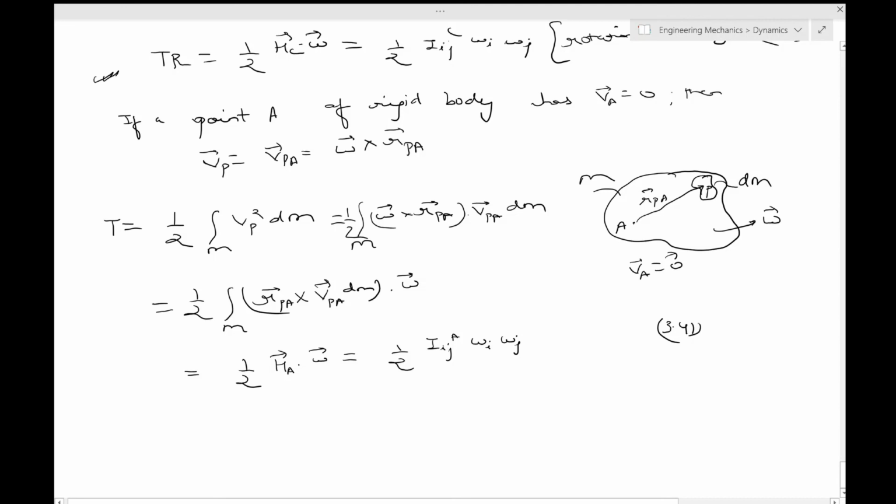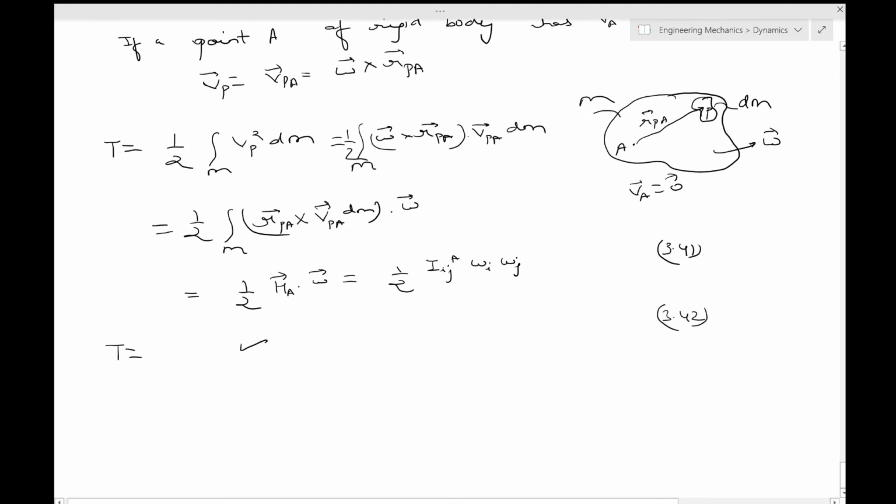Okay, so this I want to write in the expanded form again, 9 terms. Some of them will be symmetric, so not writing, but in the principal one I'm happy to write. So I_11^A* omega_1* square plus I_22^A* omega_2* whole square plus I_33^A* omega_3* square.